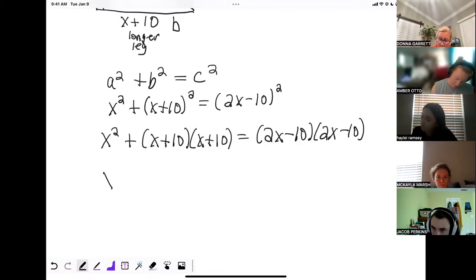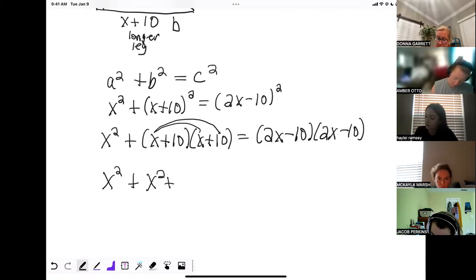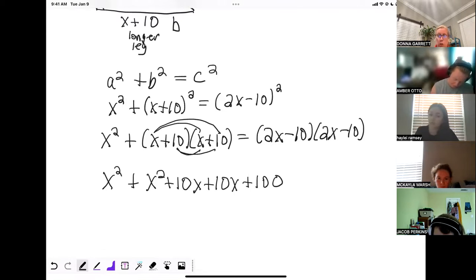Okay, so now we have x squared plus, now I'm just going to double distribute, FOIL it. So x times x is x squared, 10 times x is 10x, 10 times x is another 10x, and 10 times 10 is 100. I just FOILed that one side. Equals.